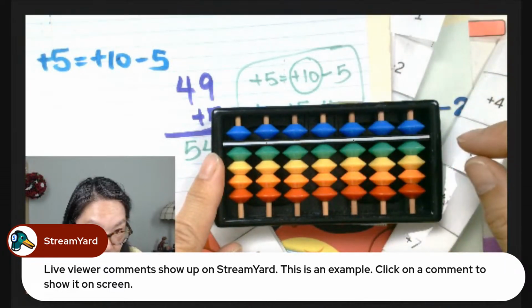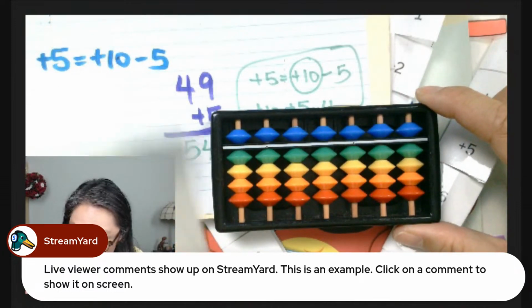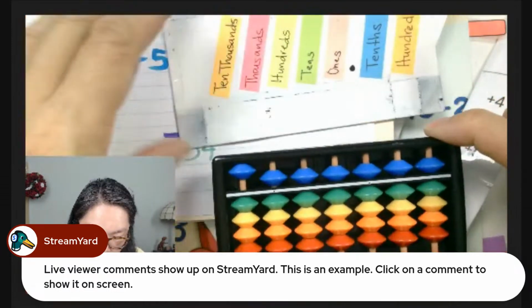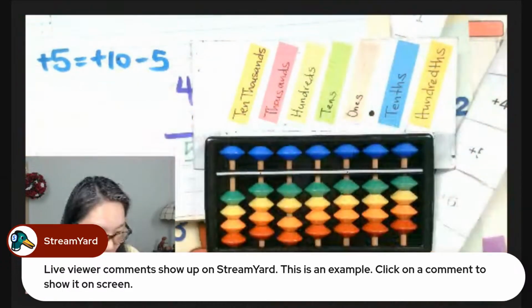These are all 9s. When we look at it, we have place values.